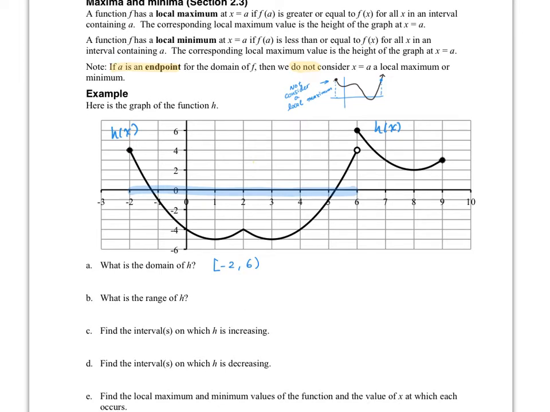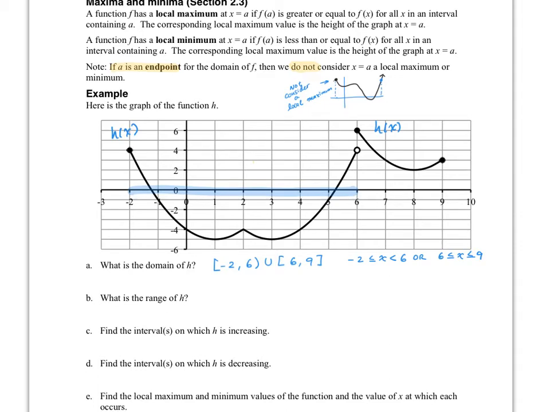And the second part will include the 6, and it will go from 6 to 9. Or you could write in terms of x: -2 less than or equal to x less than 6, or 6 less than or equal to x less than or equal to 9.